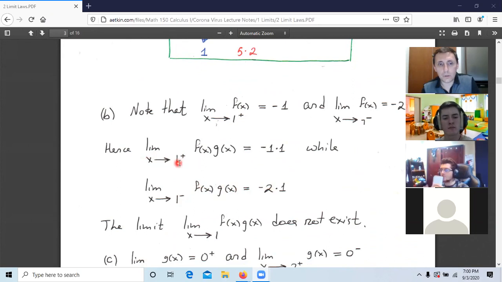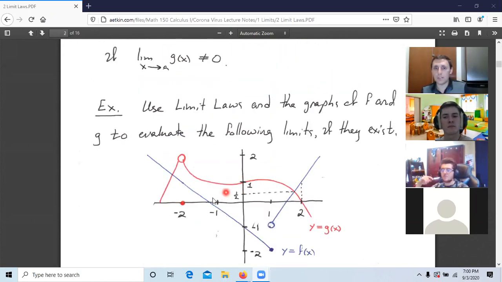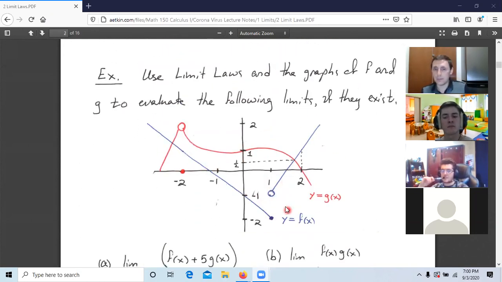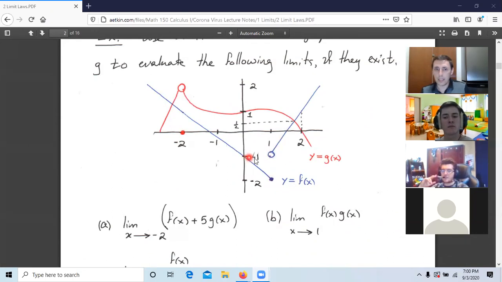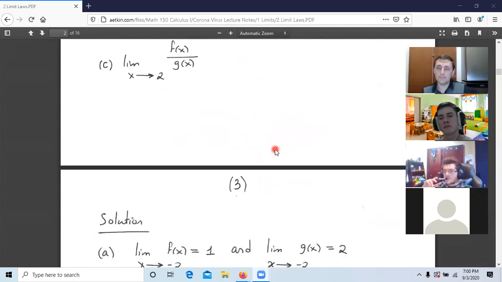But if x goes to 1 from the right, f ends up being -1 and g ends up being 1. So the limit does not exist because the right and left hand sides do not agree. I can get either -1 or -2. That's because the f function is ripped up. If I approach from the right, I get -1 times 1, and if I move from the left, I get -2 times 1. So the limit cannot exist.